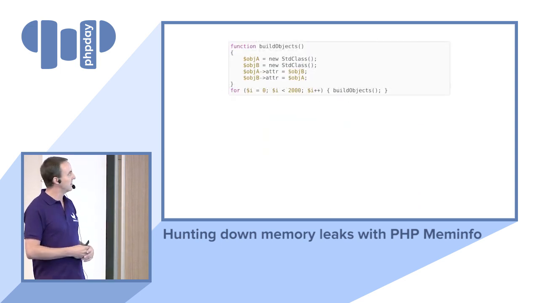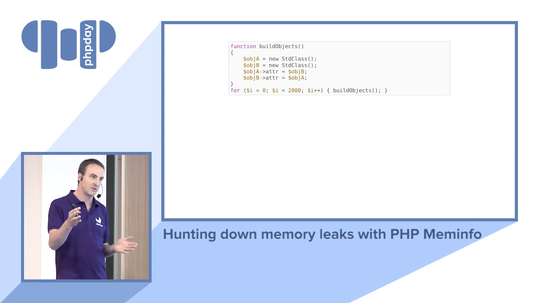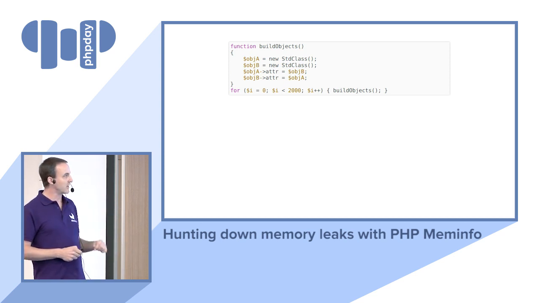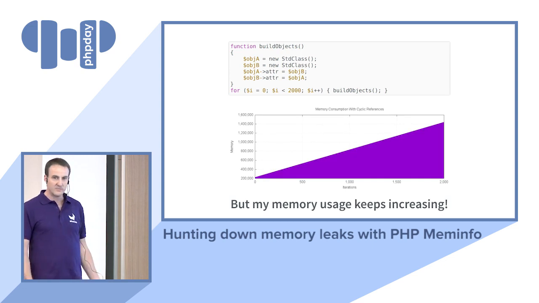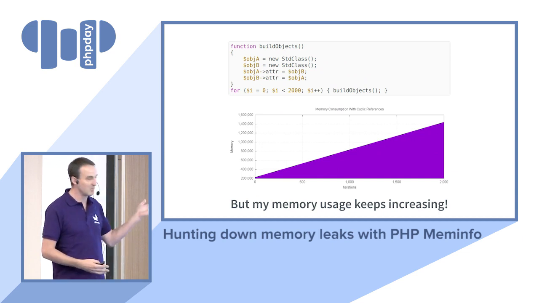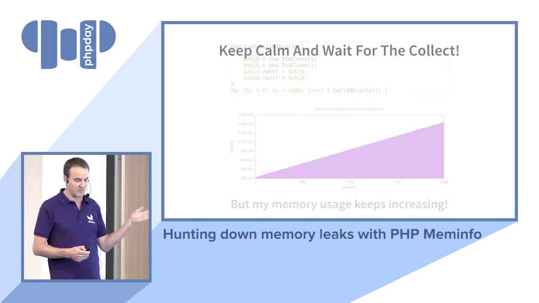Okay, let's try to do something like that. So the same function as before, the build object, but I will iterate on it 2000 times, and I will have a look at the memory usage. Yeah, okay. I just told you there's a mechanism to clean up circular references, but still the memory usage is increasing a lot. So there's maybe a catch somewhere.